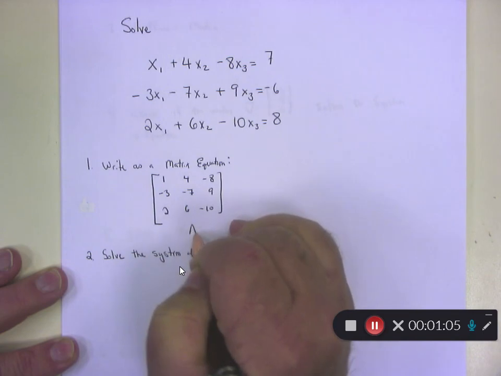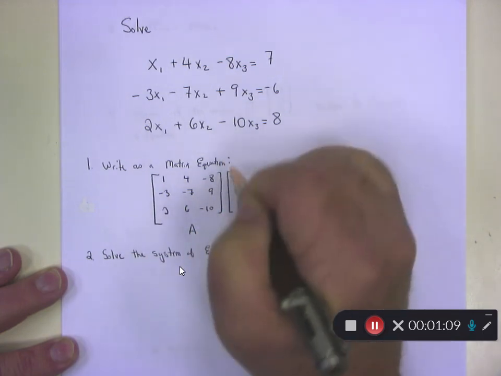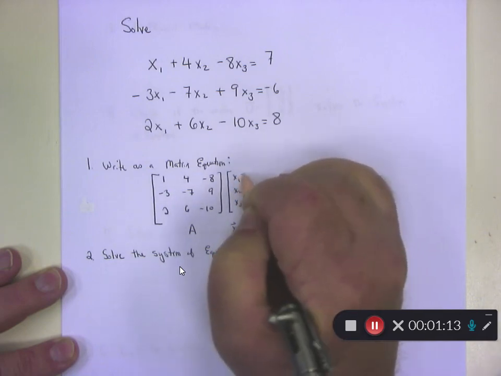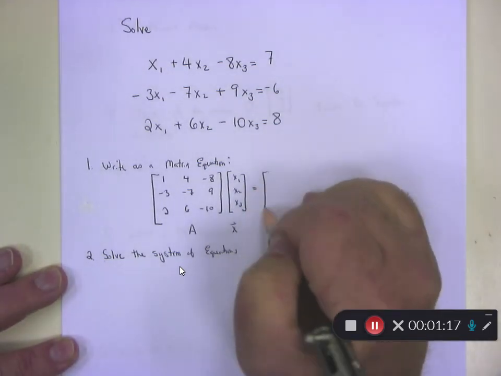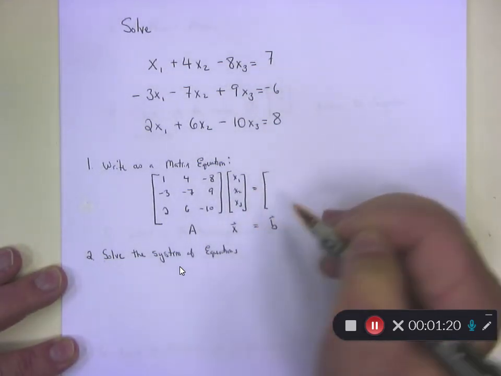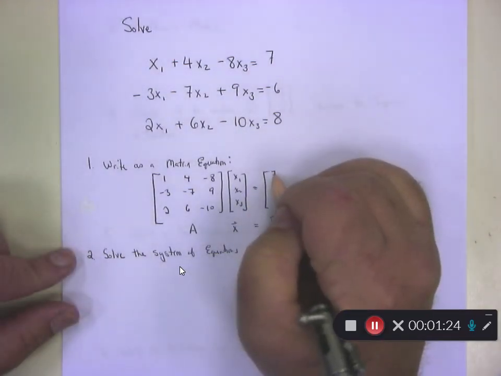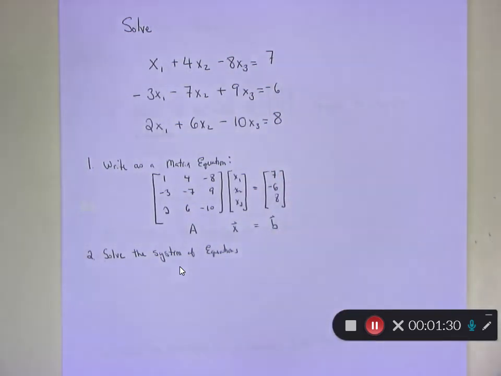This is your matrix A, multiplied by your unknown x vector, which would be x1, x2, x3, a vector in R3, because there's 3 components, and it is equal to what we call the B vector. This is your constant vector, 7, negative 6, 8, also a vector of R3. Does that make sense? This is just writing the system of equations as a matrix.